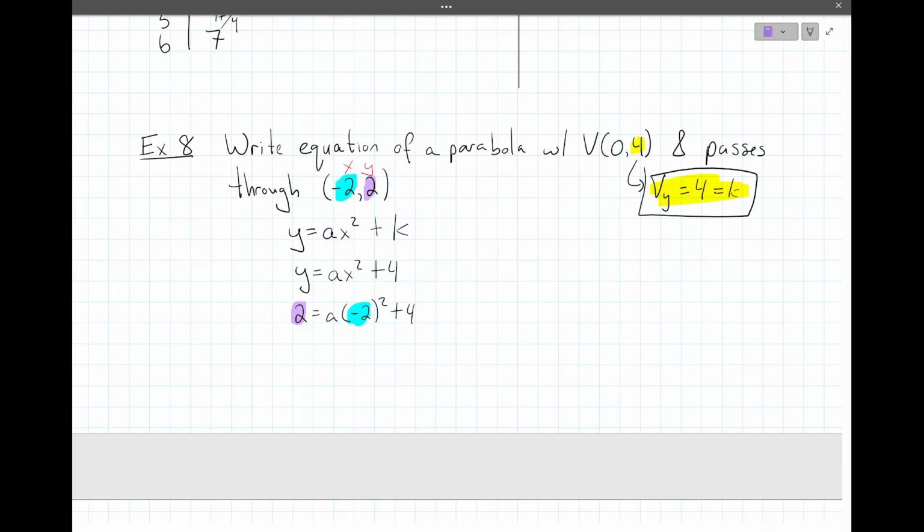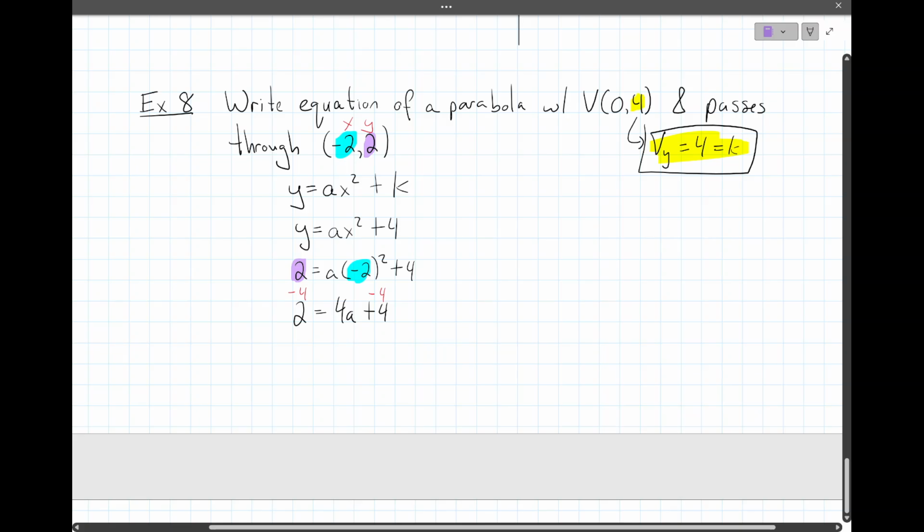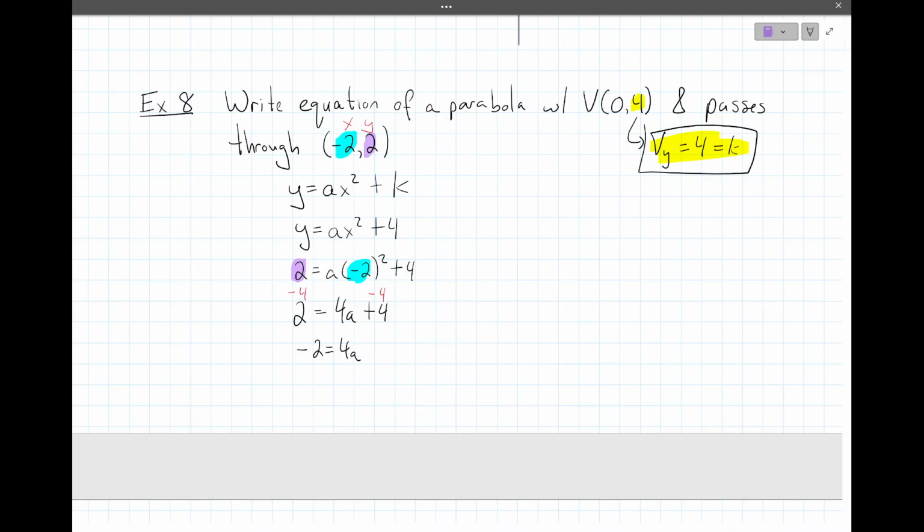And what that means is that now I have everything except a, and I can use algebra to solve for a. So now I'll get 2 equals 4a plus 4. I'll subtract 4, and I'll get -2 is equal to 4a.